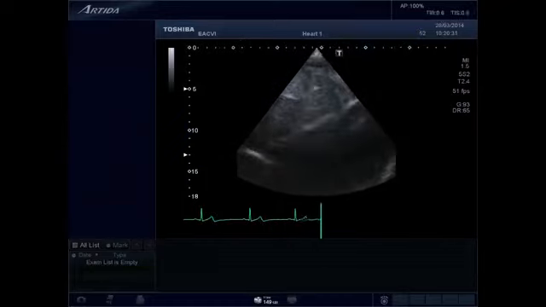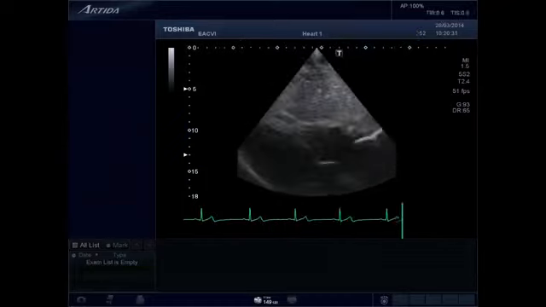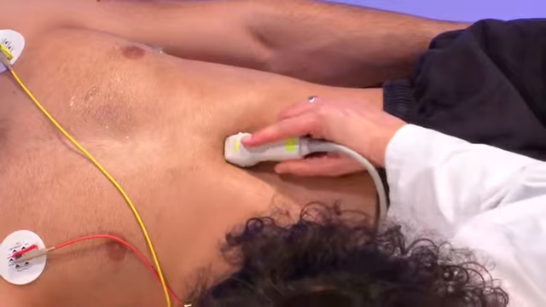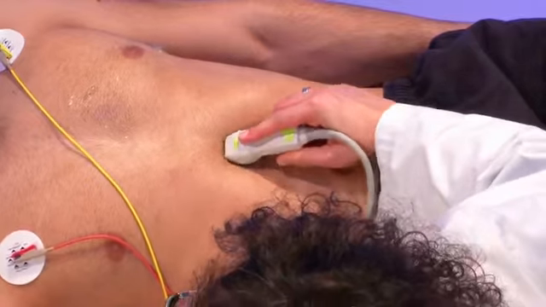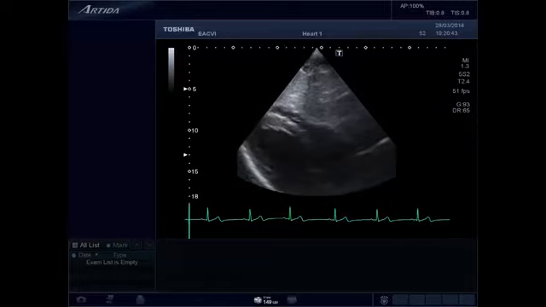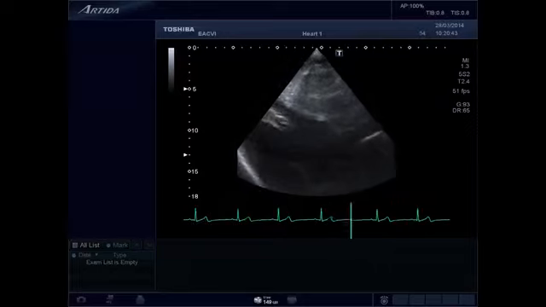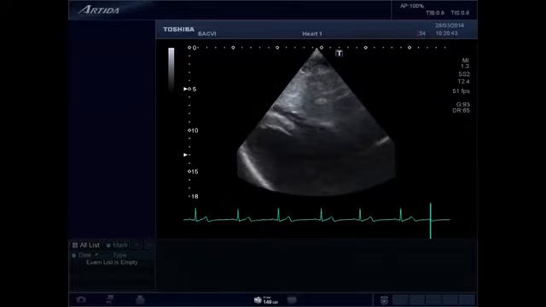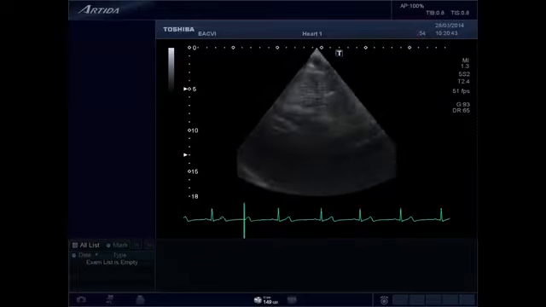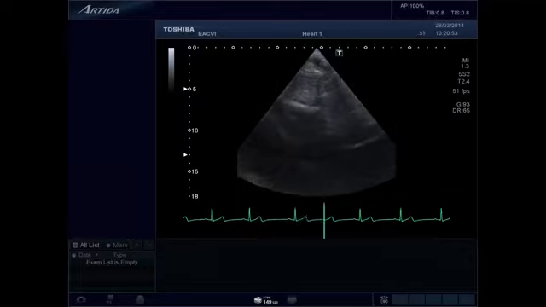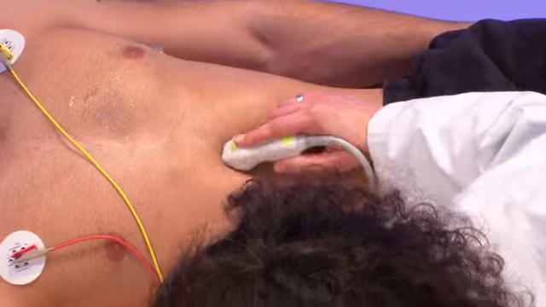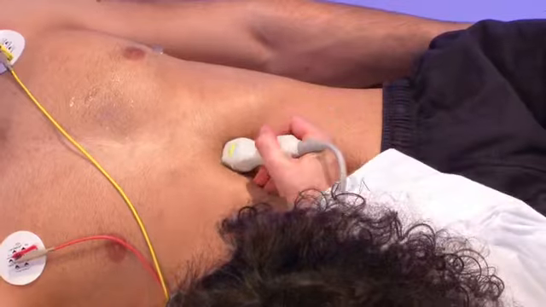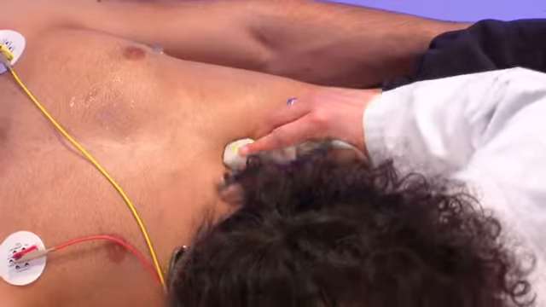And the last thing that you can do, but there is a lot of issue about reproducibility, is a Mmode of the right ventricular wall in order to assess the thickness of this wall. But the problem is really the reproducibility. So in theory, you have to be really perpendicular to the wall, so you can do it with the transducer here or here.